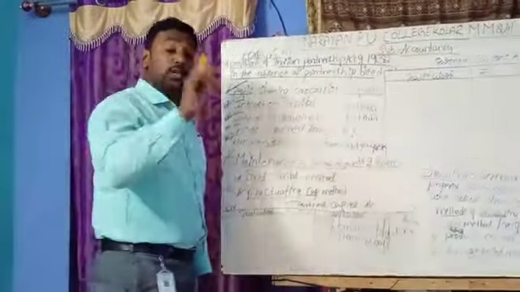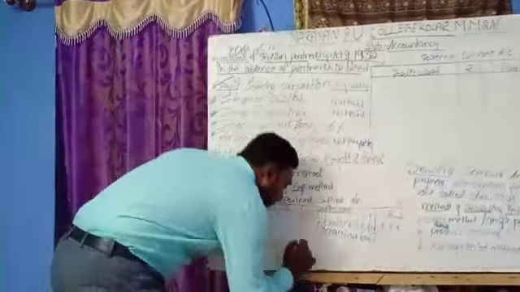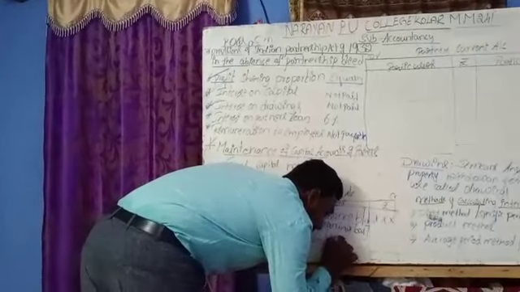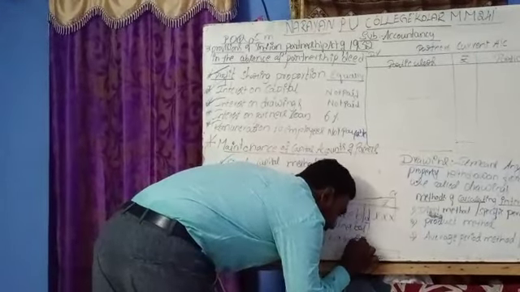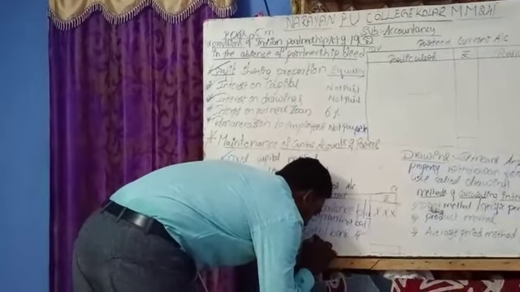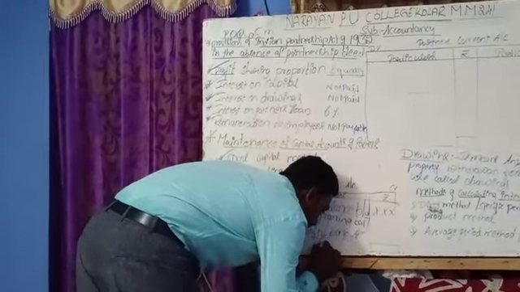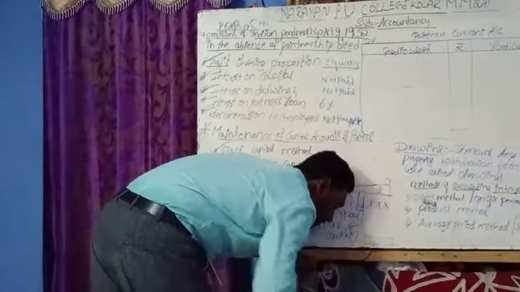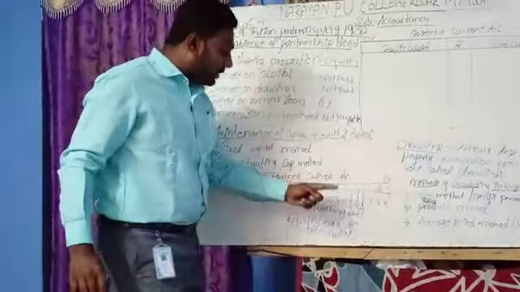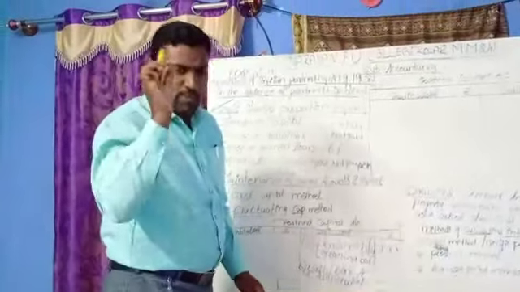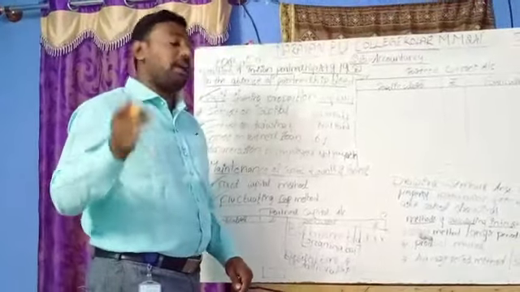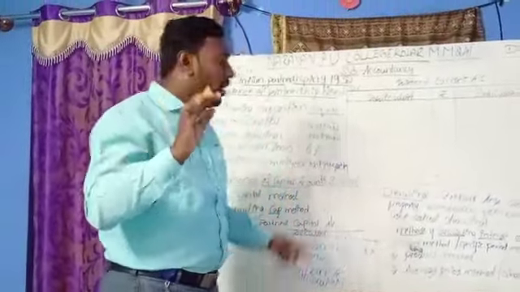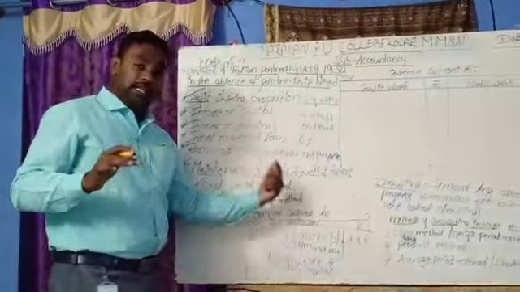Next, one more transaction: by cash or bank account. In brackets we mention additional capital. In the beginning of the business we invest a smaller amount. If the business needs more capital, we have to invest extra capital during that time.